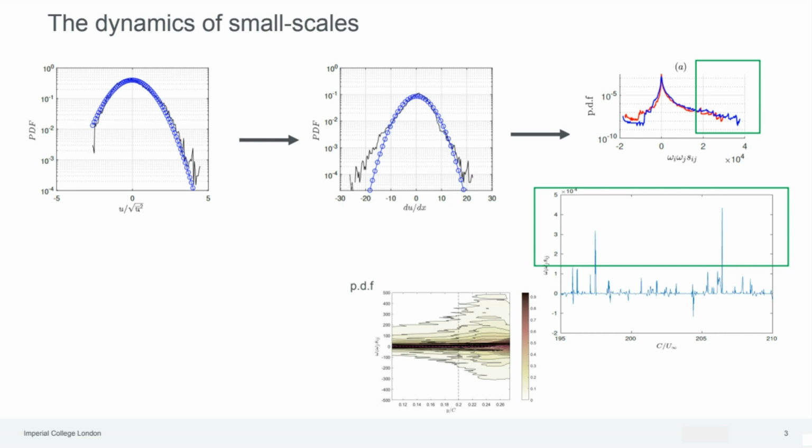However, if we start taking the derivative of these fluctuating quantities, the picture changes, and we start following now the physics, as you see here. So our probability density function is not determined anymore by chance, but rather by the local dynamics of the flow, as the points in the neighborhood are highly correlated.